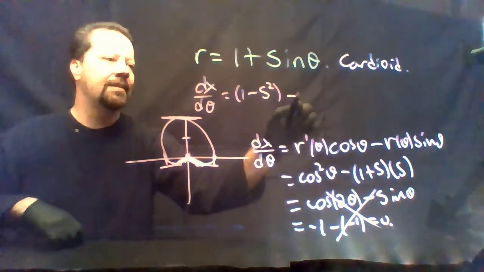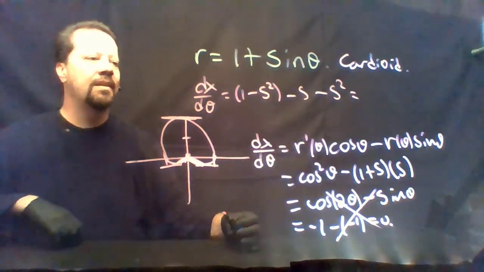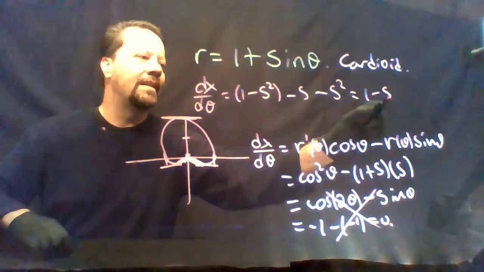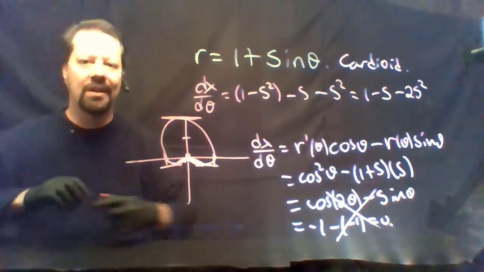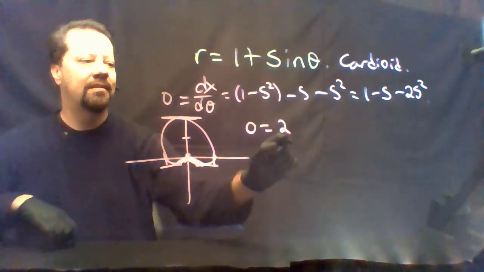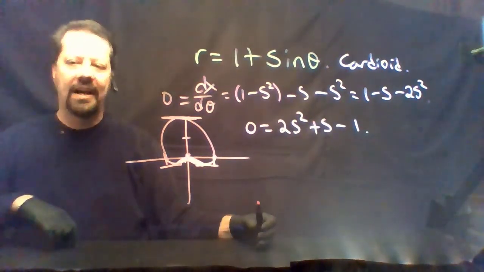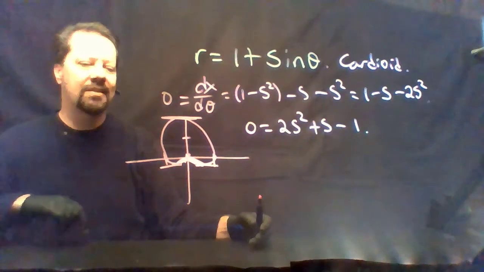We'll have a minus sine and a minus sine squared. This simplifies to 1 minus sine minus 2 sine squared. Multiplying through by negative 1, we have 0 equals 2 sine squared plus sine minus 1.